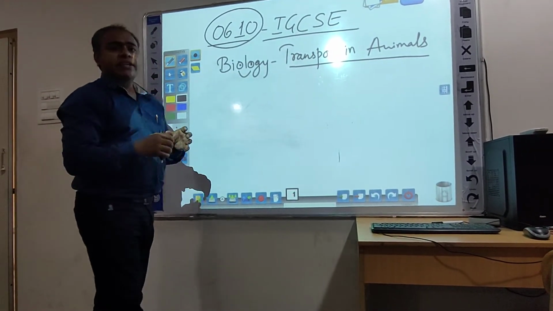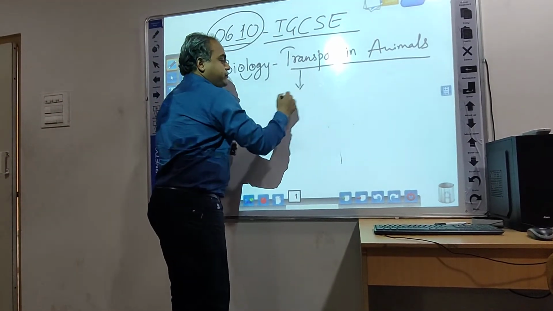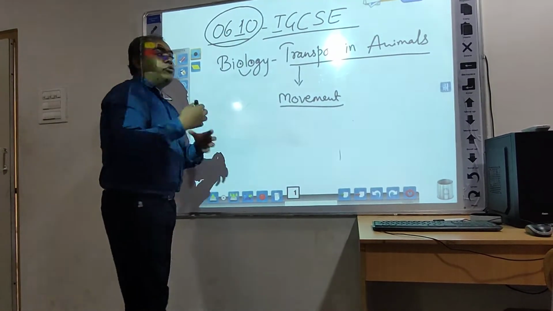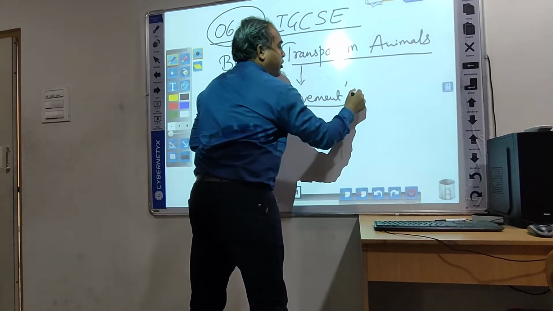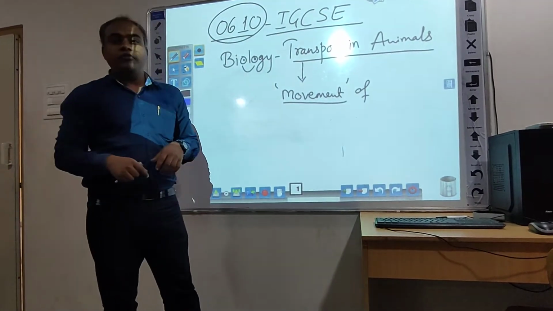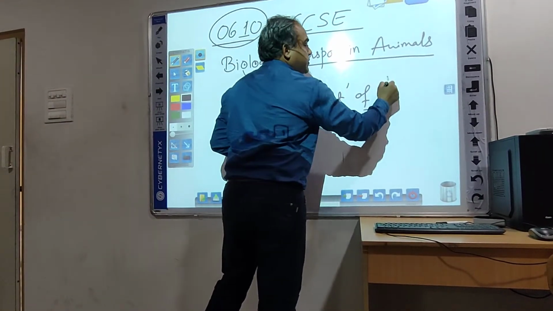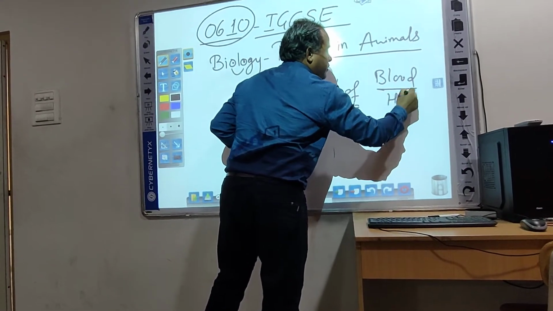So let's see basically what is the transport here. Now transport is something which is like movement, right? Something which is moving. Where it is moving? In animals. So basically movement of what is moving actually inside our body, something which is in a liquid form. Of course, the something which is in a liquid form is either the blood or it's the water, right?